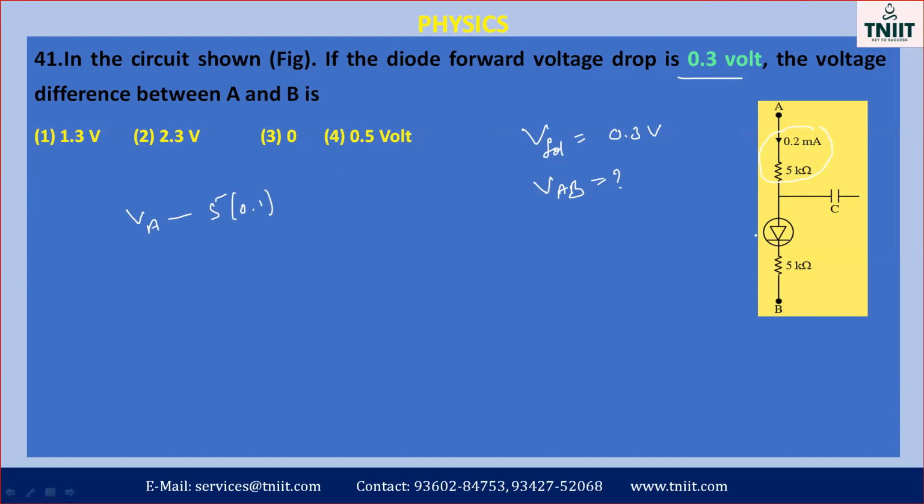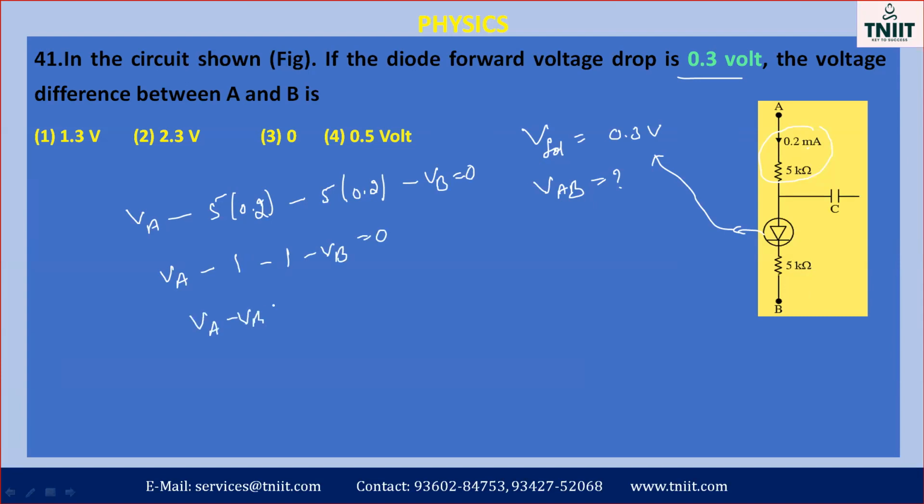Then I will take this forward voltage later. This forward voltage is given as 0.3. And here also there will be a drop, 5 into 0.2, current into resistance, voltage, I into R. So VA, 5 into 0.2 is 1, 5 into 0.2 is 1, minus VB equals 0.